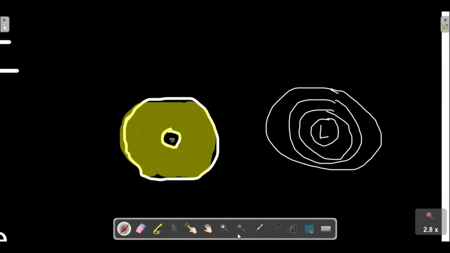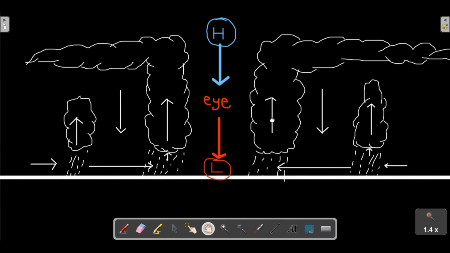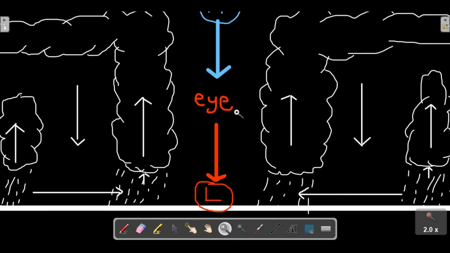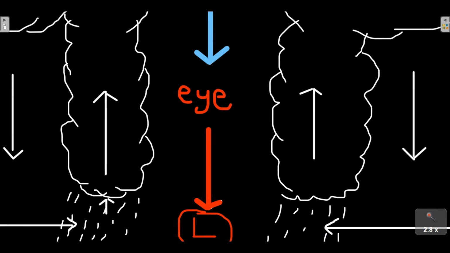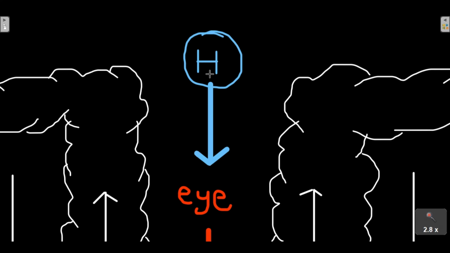Now, if the lowest pressure is at the center, the eye actually has winds or air that is moving from the higher altitudes, descending down towards the lower altitudes. So we start with the eye and discuss what is happening here. Within the eye, you have air that is moving from the high pressure in the upper atmosphere, guys.